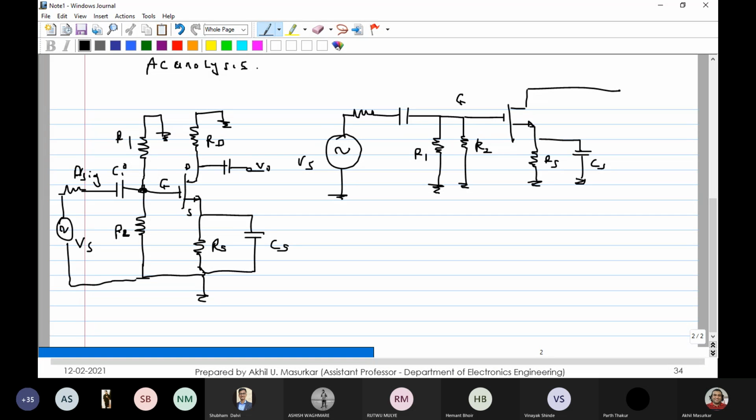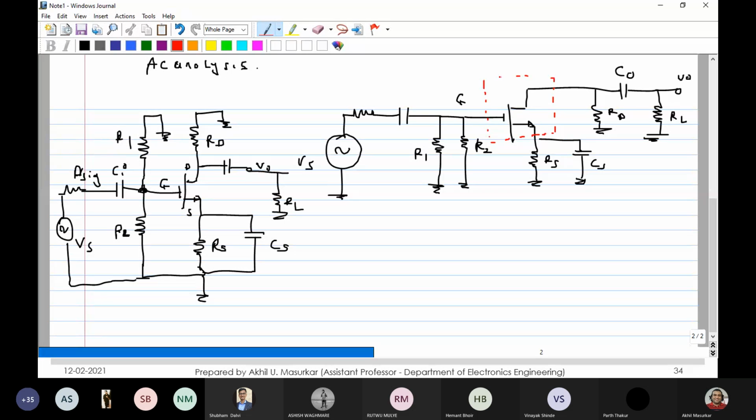Let's say we have RL also here. This is my RD, and this is my C0, and here I have got RL, and here this is my V0. So now the question comes: what should I replace here?